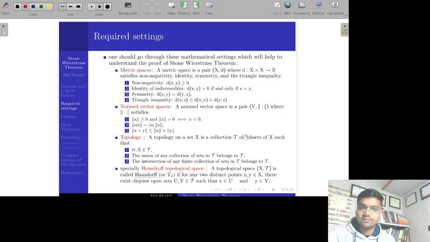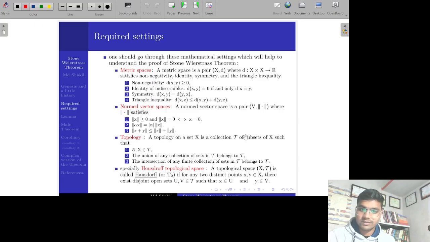So now we'll see some mathematical tools or settings which are required before proving the Stone Weierstrass theorem. First thing is metric spaces.